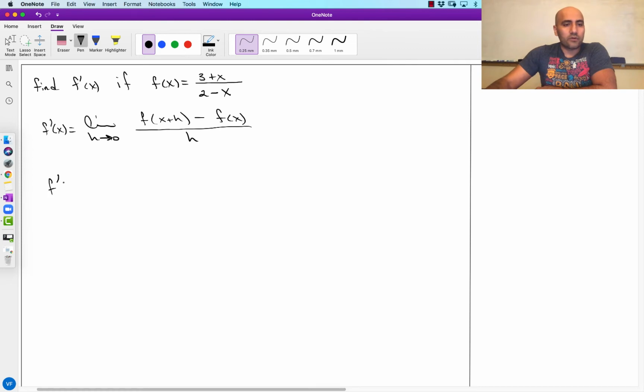So now I'm going to take advantage of some notation. I'm going to move this over so we get this. All I did is rewrite this statement of divide by h as multiply by 1 over h, right? Same thing. Now I'm going to very carefully replace my input variable here with an x plus h, and copy it again because it'll be just an x for the second part.